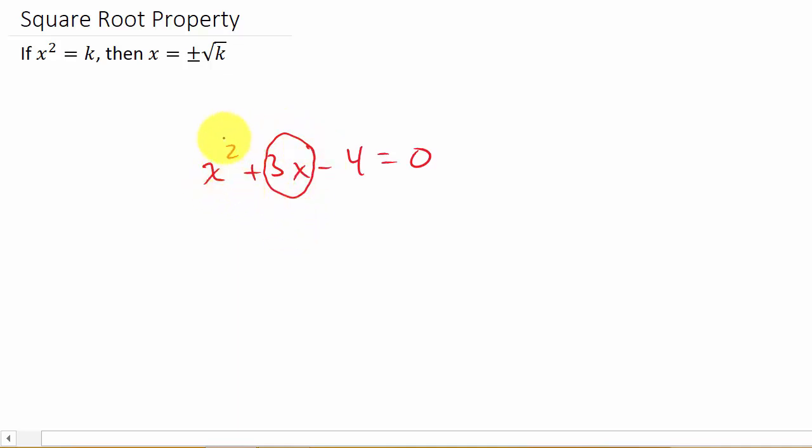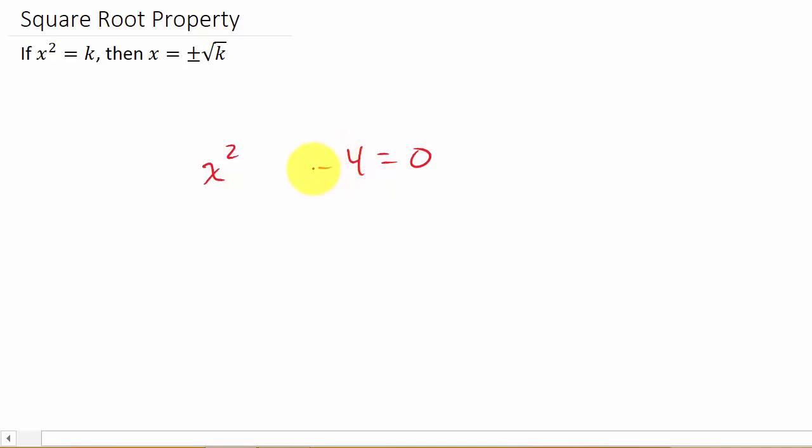You can only have the something squared and the constant term. We can't have that x term in there. It just has to be something squared and a number.